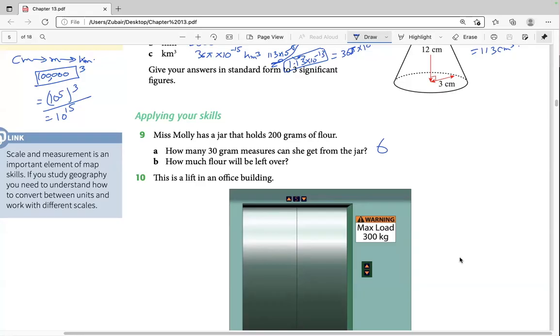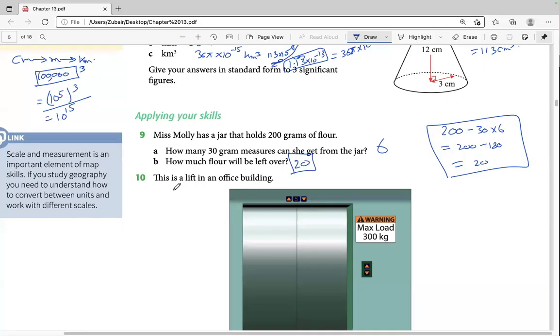How much would be left over? 30 times 6 is 180, so 20 grams. Now, if that was the question in an exam, what would you do? Working and the answer.